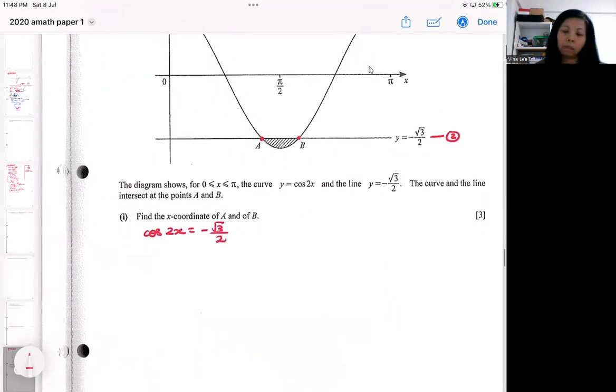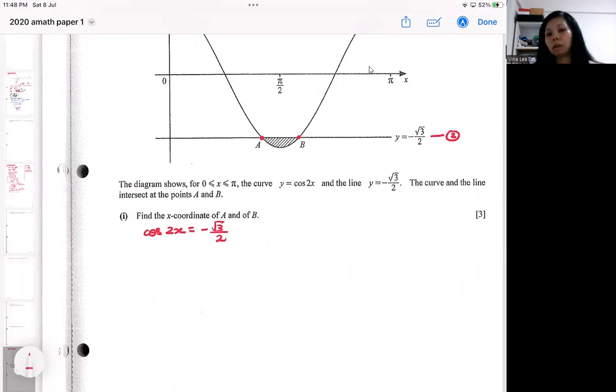This is your basic idea of how to solve for an angle in trigo. You apply your basic angle, and of course you ignore the negative sign.